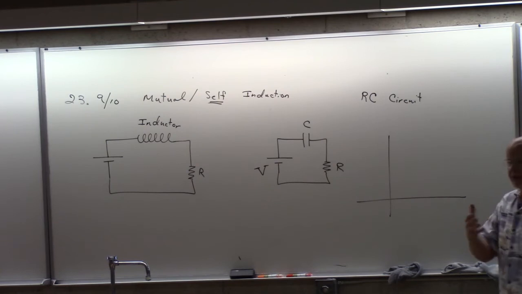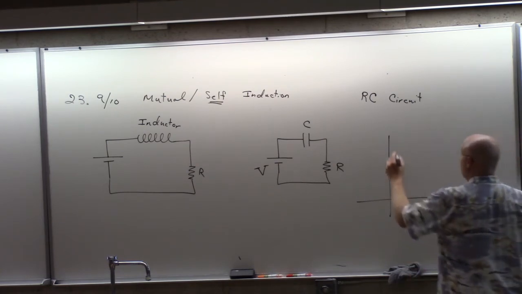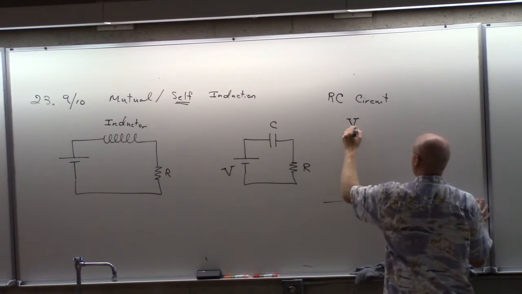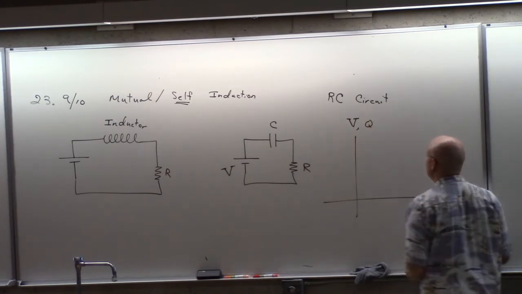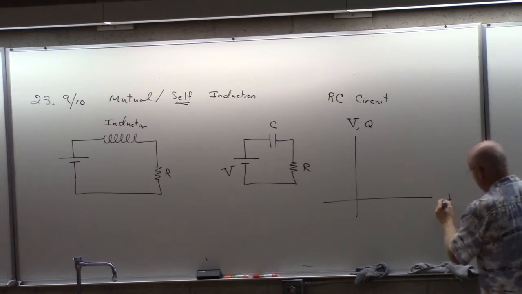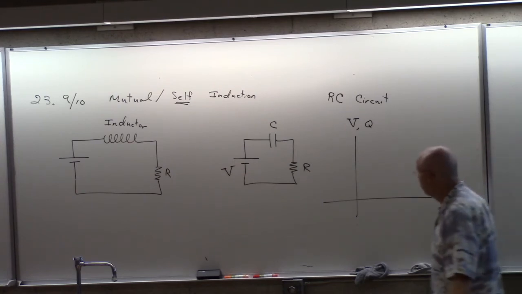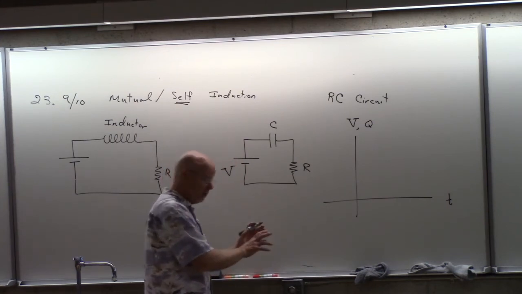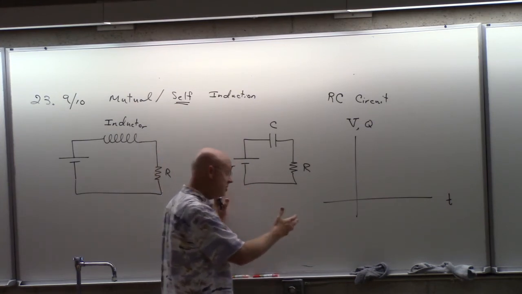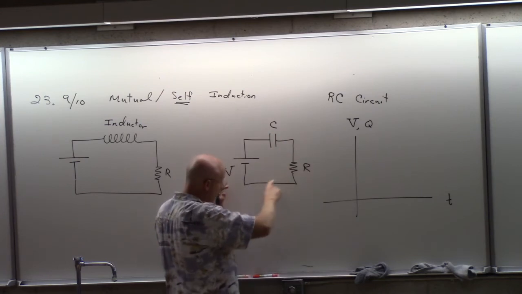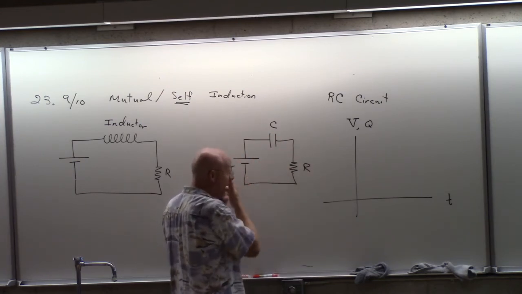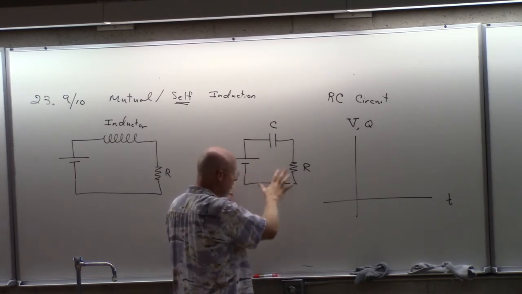And we said something to this effect, that if you were looking at the voltage or the charge on the capacitor as a function of time, because of Kirchhoff's law, which is conservation of energy, if you add up around the loop, you're going to get the total energy equal to zero.